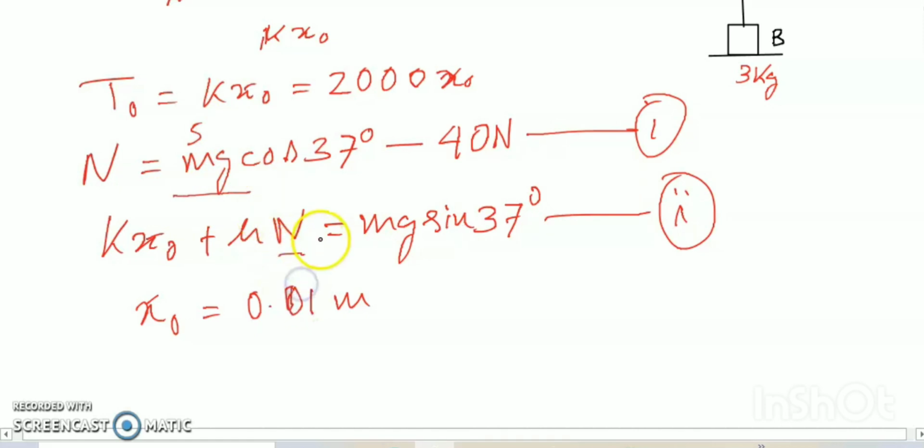So we get x0 equal to 1 centimeter. I hope it is clear.